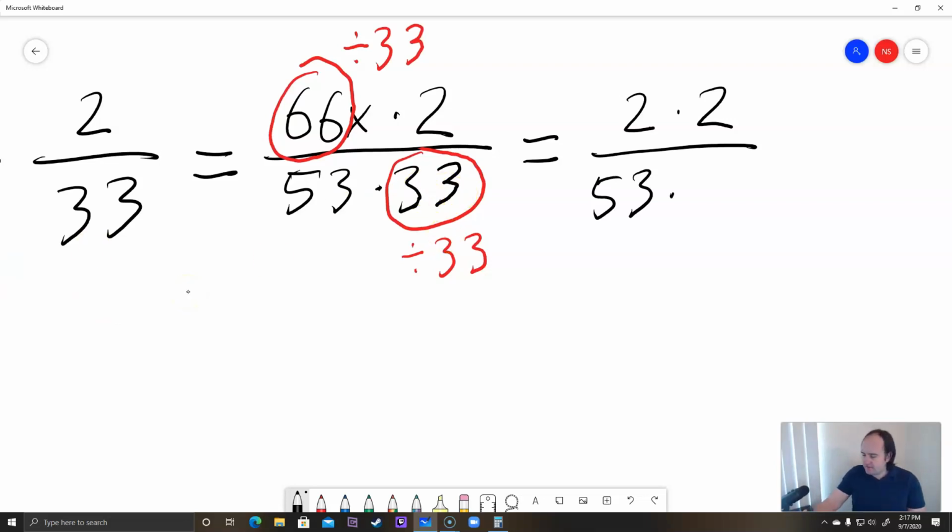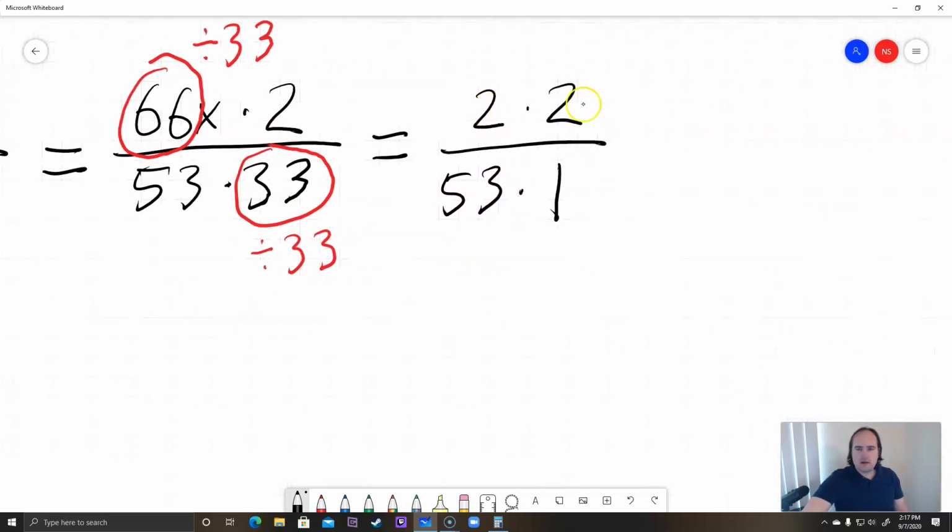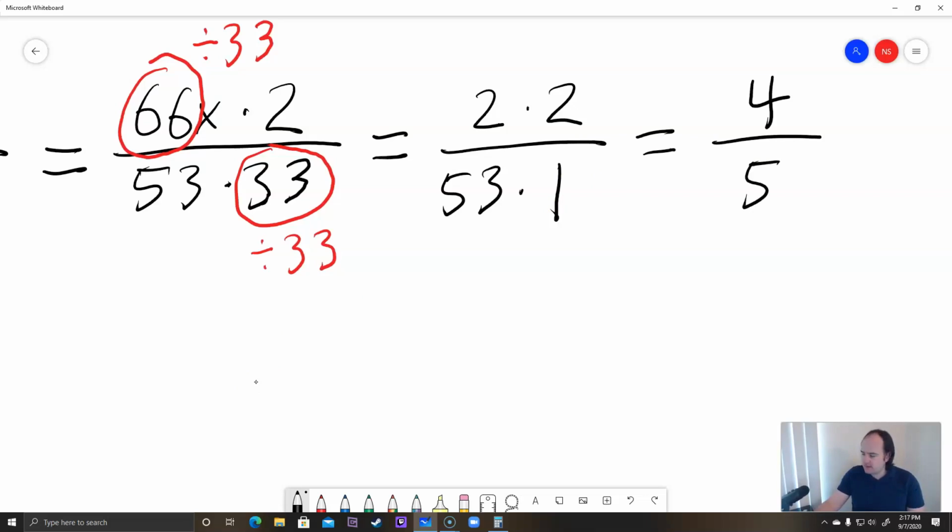So on the bottom we have 53 times 1. Okay? And then there's no other common factors here because 2 is an even number and 53 is an odd number. So that means 2 does not go into 53. Alright, so now we're just going to go ahead and multiply this out. So on the top, 2 times 2 is 4. And then on the bottom, 53 times 1 is 53.